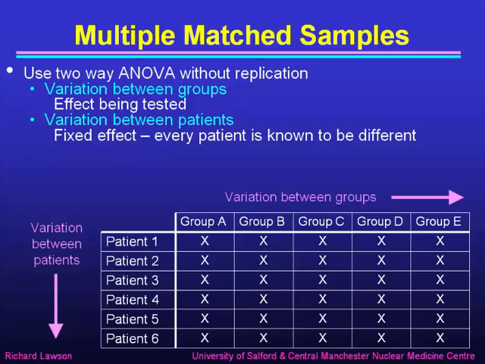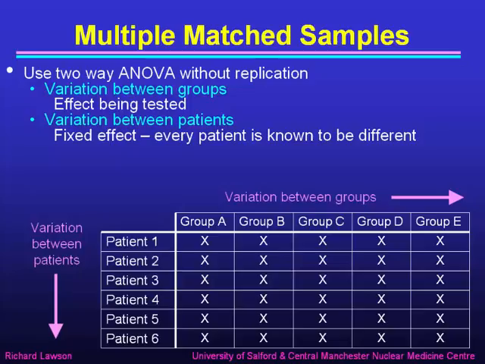If you are looking at multiple matched samples, then you use a two-way ANOVA without replication, and the variation between groups, like the variation between columns in this example, is what we're testing for. And if we're assuming that the rows represent patients, which they very often are, then that is something that we need to allow for, because every patient is known to be different, just like when we're doing a paired t-test looking at weights of every patient.